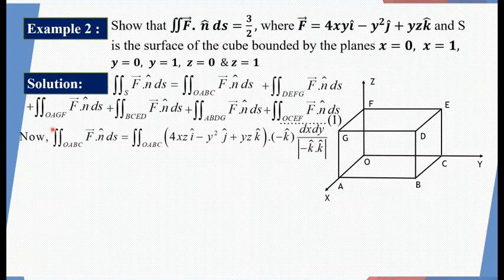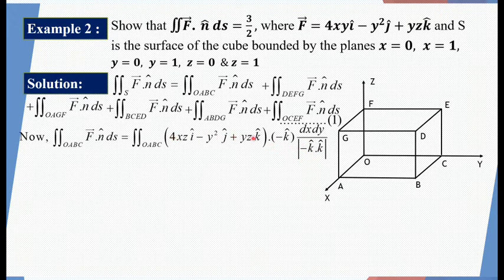Now see, for the double integral over OABC, this is basically the xy plane. So in this particular plane z is equal to 0. So n cap directly converts into minus k cap, because this is the downward side. So n cap is converted into minus k cap, and so n cap dot k cap will be minus k cap dot k cap, so it is minus 1, and for the modulus it is plus 1.